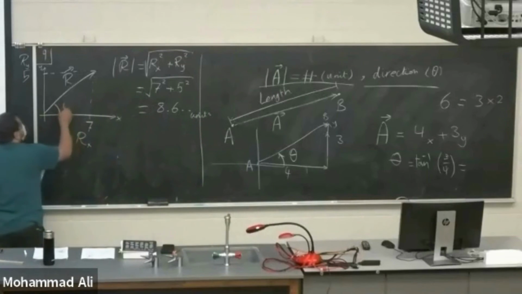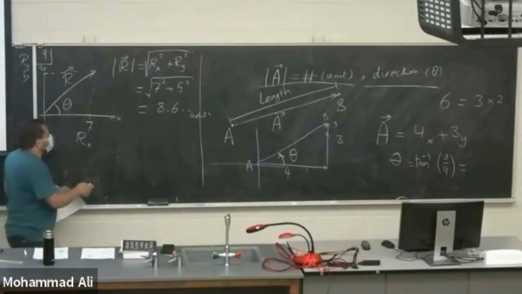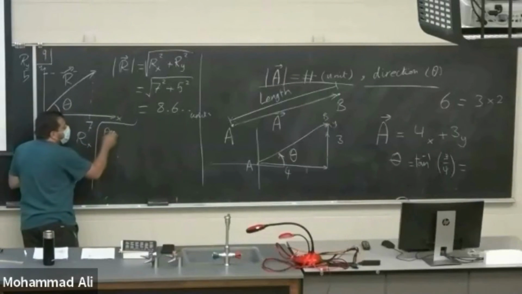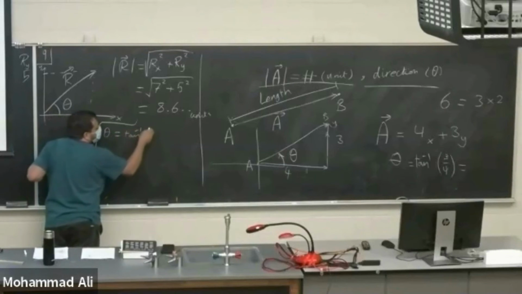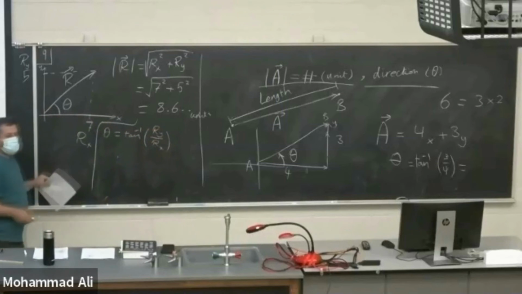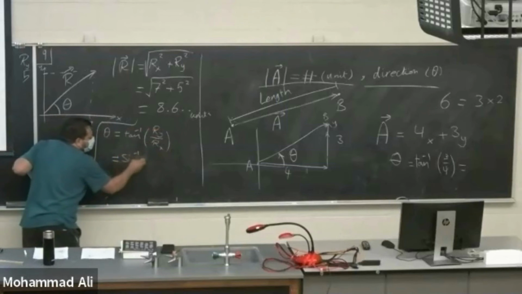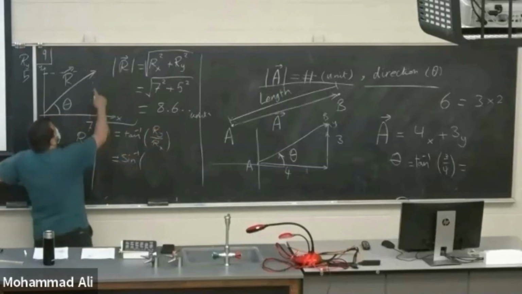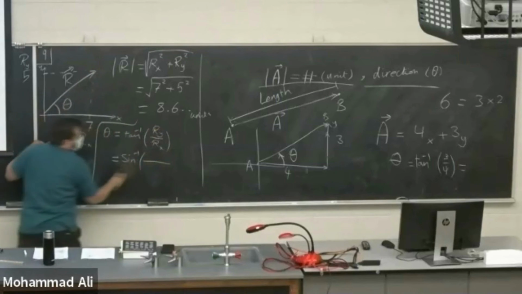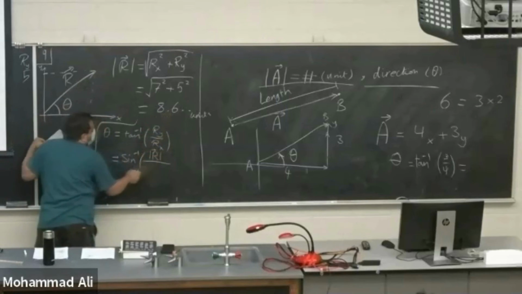Okay, what is theta? I can find theta in 3 ways. I can use that theta is equal to tan inverse of Ry over Rx. Or it is equal also to sine inverse, just like the previous time, of the opposite, which is Ry, over the hypotenuse, which is the length of R, which is 8.6.